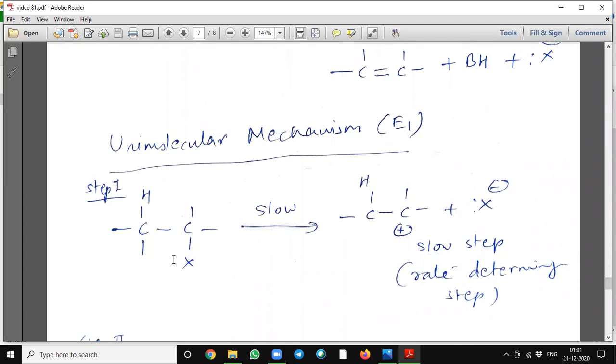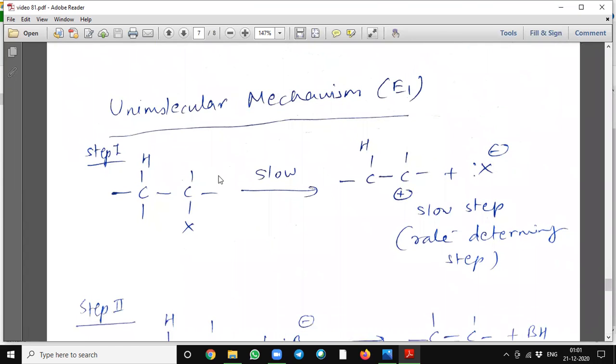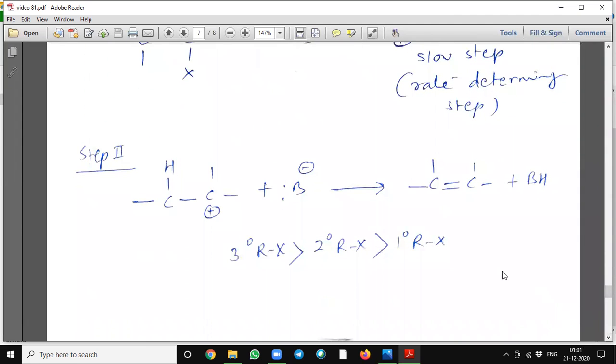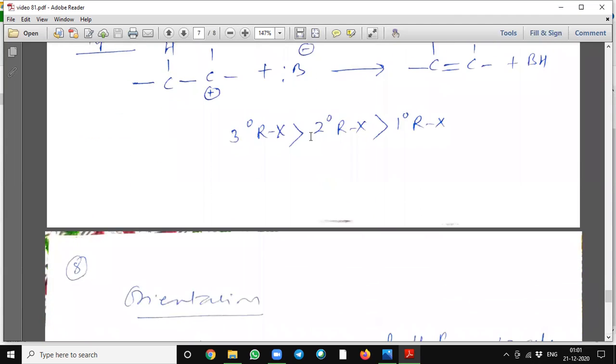E1 is the unimolecular reaction, and it is for tertiary alkyl halide. In tertiary alkyl halide, in the first step only one molecule is taking part, and this is a slow step, and it will give a carbocation, and then the base will abstract this proton, and it will form alkene. And the order of reactivity is tertiary alkyl halide, secondary, and then primary.